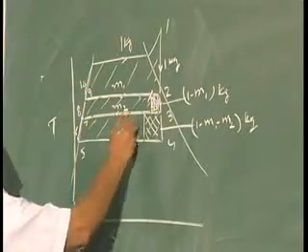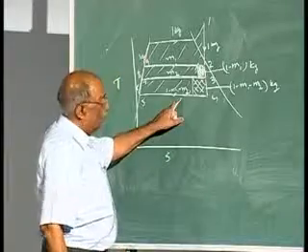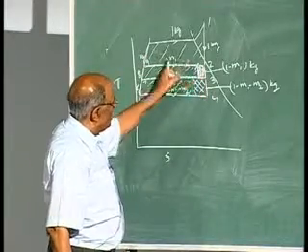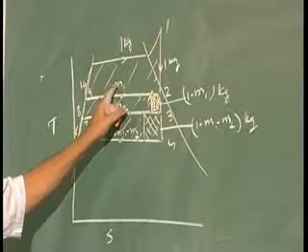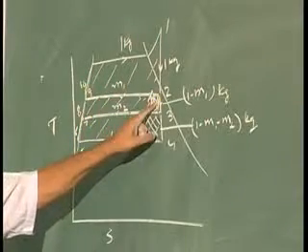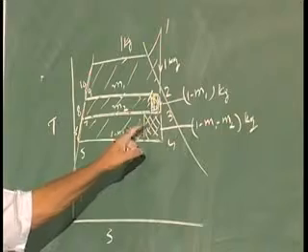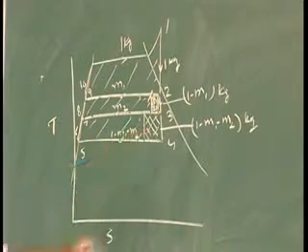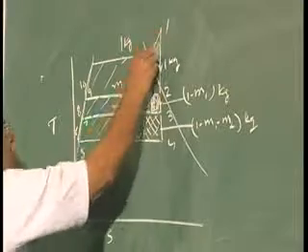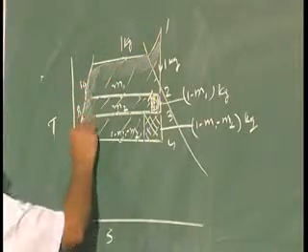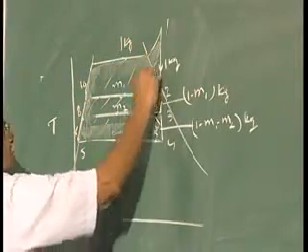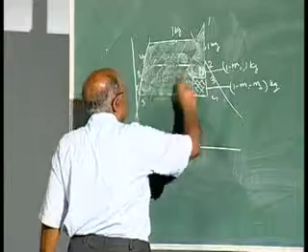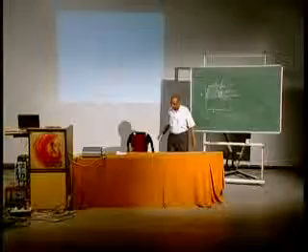This is the amount of work done per kg now, and this is the loss because of the steam that has been bled here. This is the amount of work that is being lost because of the steam bled here, and this is the net amount of work that is available on the TS diagram because of the regenerative cycle per kg of steam.